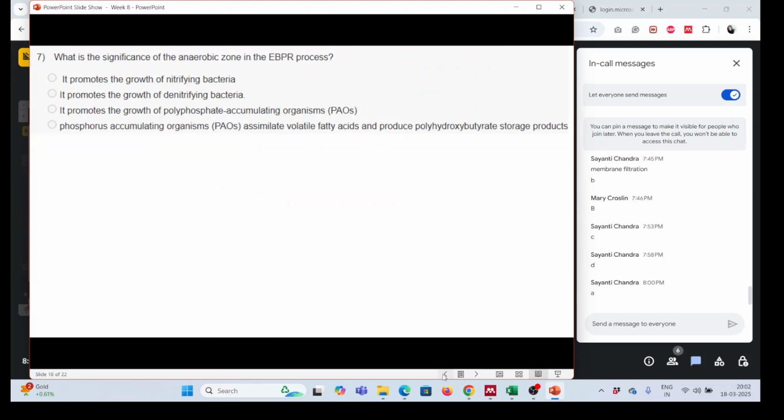The next question is, what is the significance of the anaerobic zone in the EBPR process? And what is the full form of the EBPR process?